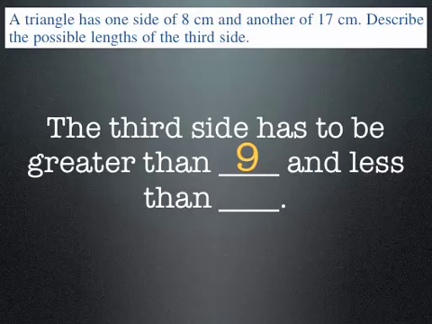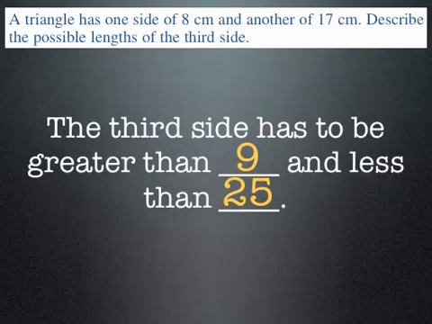But it also has to be true that when we add 8 plus 17, this side length has to be less than that number. Well, 8 plus 17 is 25, so we know that the third side also has to be less than 25.